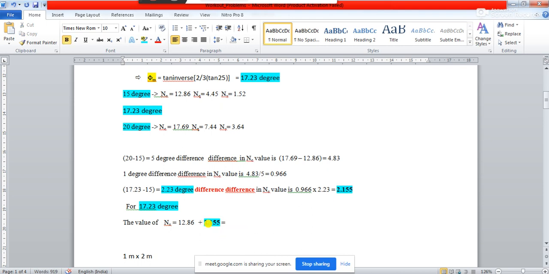Is it clear? So how much will be the value? Tell me. 12.86 plus 2.155 is 15.015. Okay. So this is the value of NC. For what?